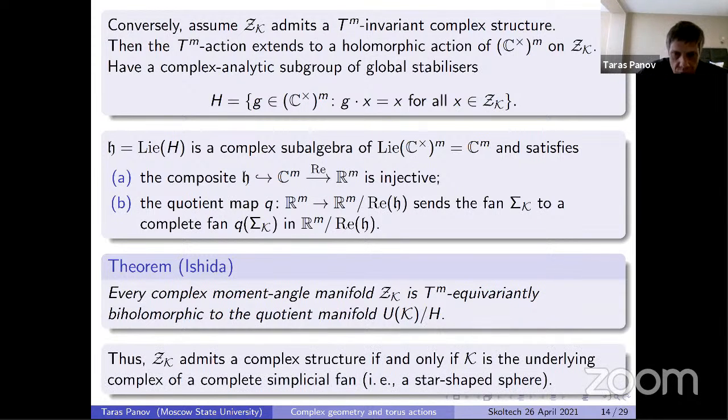So you cannot get any other complex structures. In particular, you can have a moment-angle manifold that is a smooth manifold but doesn't admit any complex structure invariant under the torus if K is not the underlying complex of a complete simplicial fan.